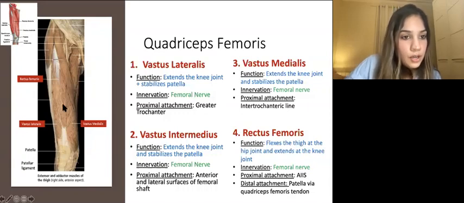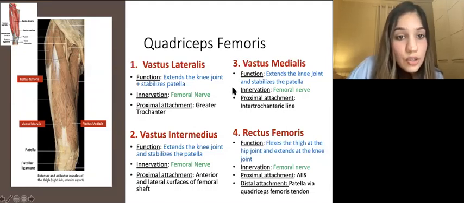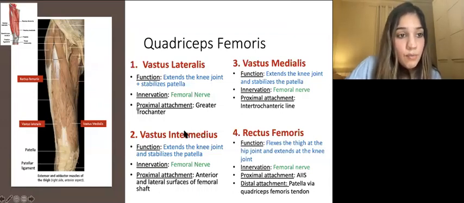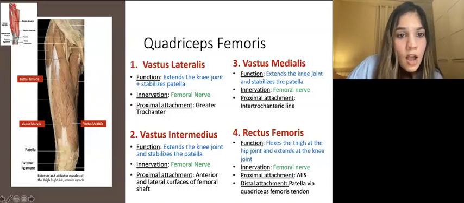So in the image here, the rectus femoris is located in the center, laterally vastus lateralis, medially vastus medialis, and the vastus intermedius is located under the rectus femoris muscle, so you can't really appreciate it over here.